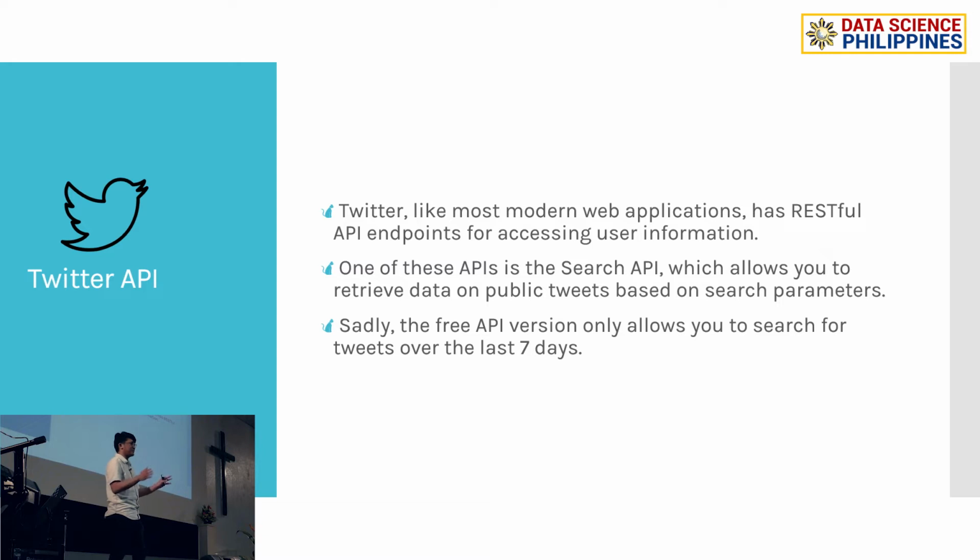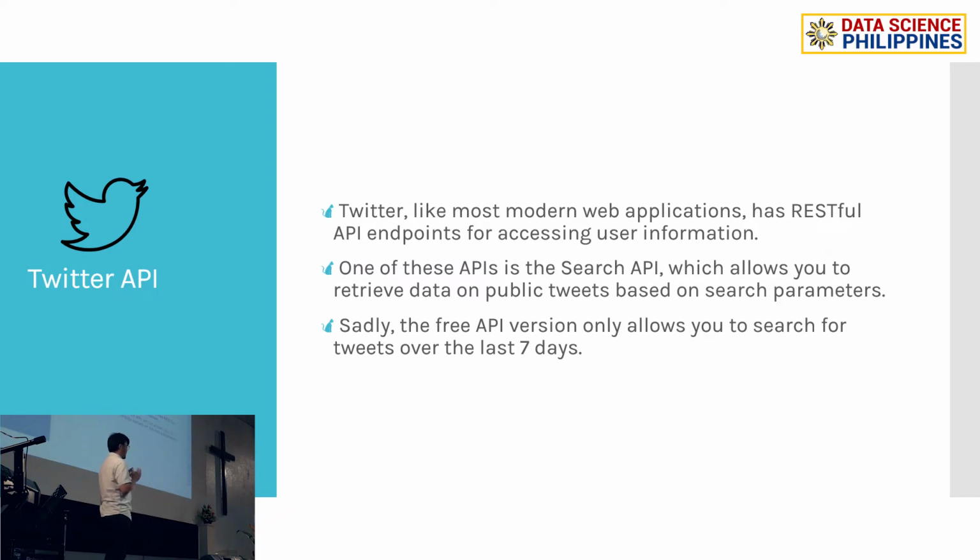It's a bad truth, but it's a reality. Companies sell their data to other companies for use, right? So the reason a lot of web applications have RESTful APIs is so that they can analyze your data and extract information from it, and it's no different with Twitter.